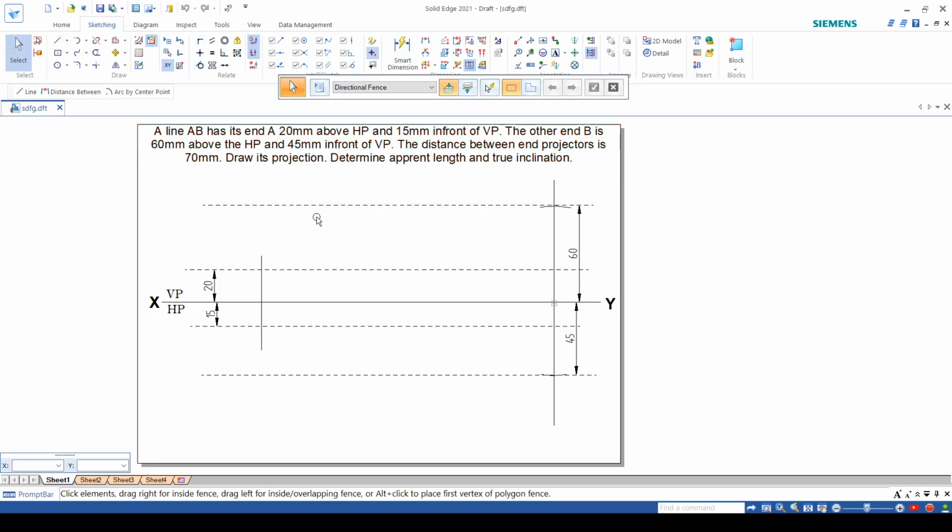To draw and copy it, we would take a compass whose radius would be 70, with its center at this point. Now we would take a straight line, and this straight line would be intersecting with these two also.